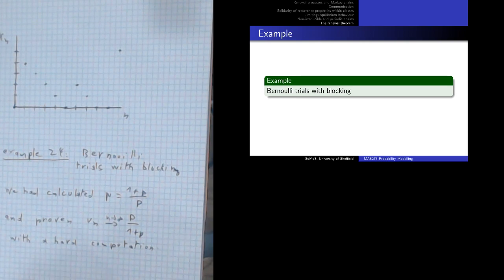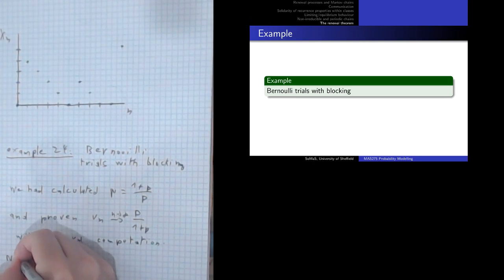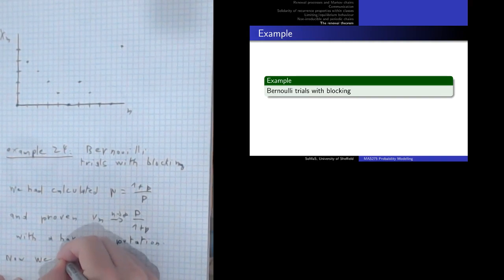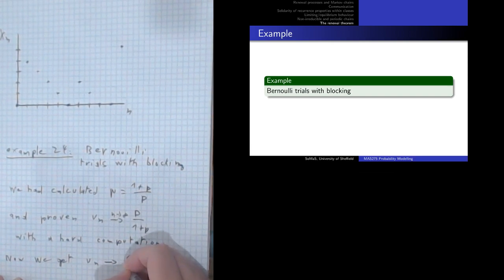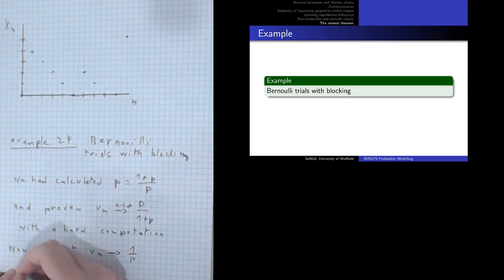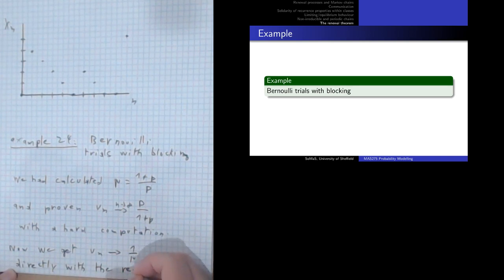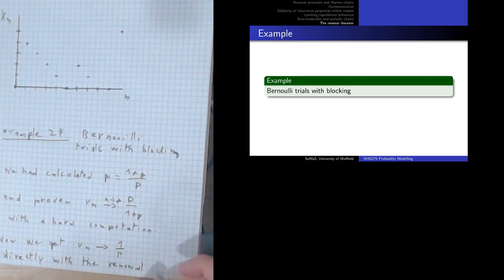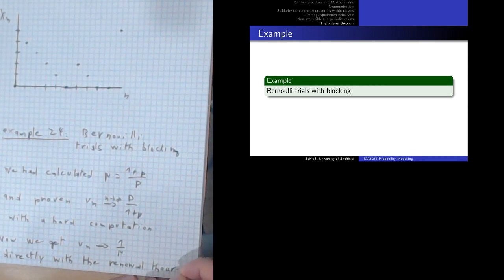Now we get u_n converges to 1 over mu directly with the renewal theorem. So that's great. This theorem lets us skip some of the hard maths we had to do before because we didn't have all the theory.